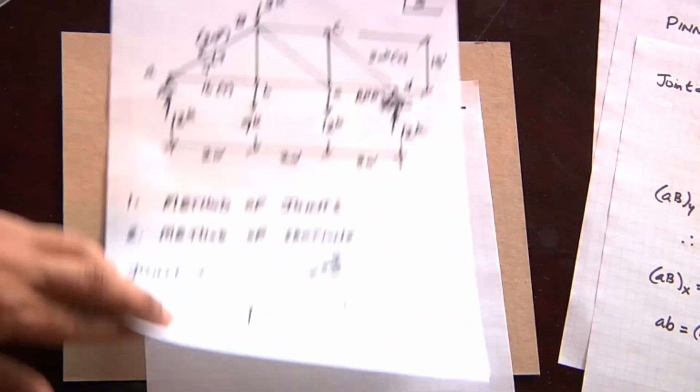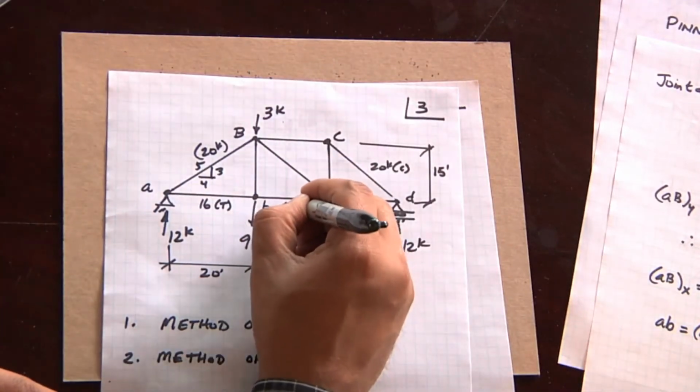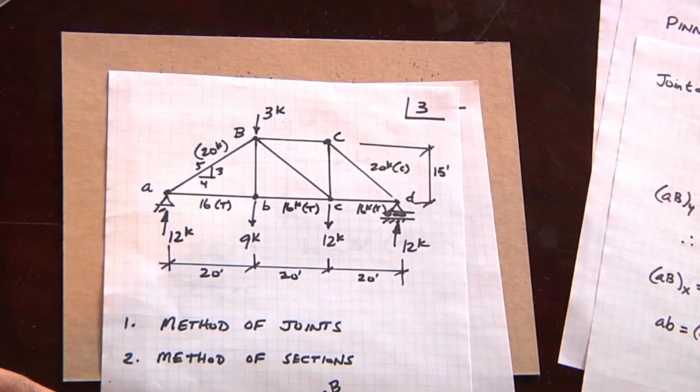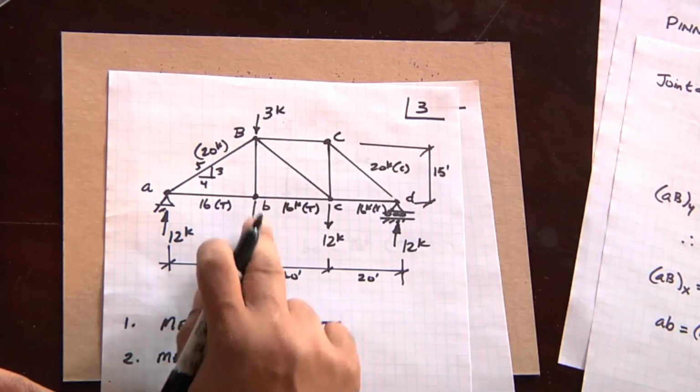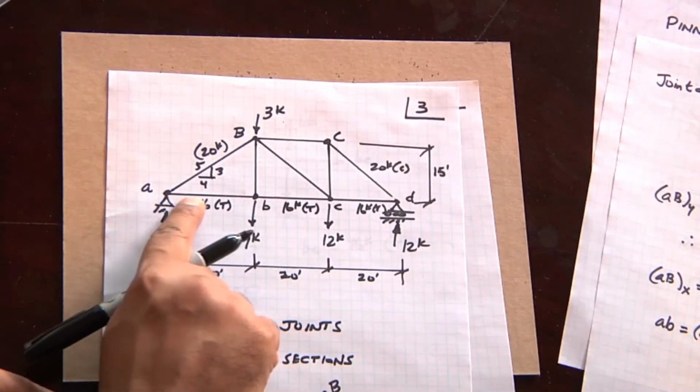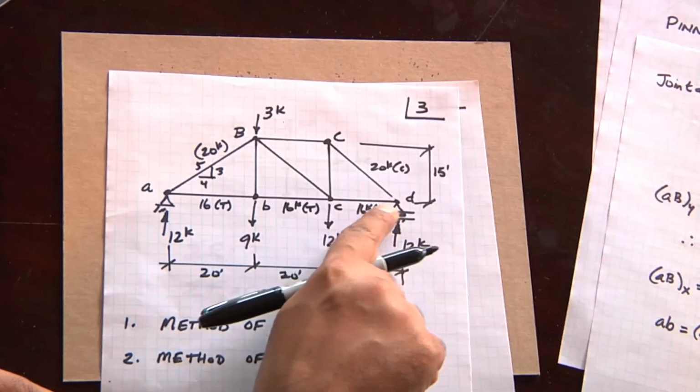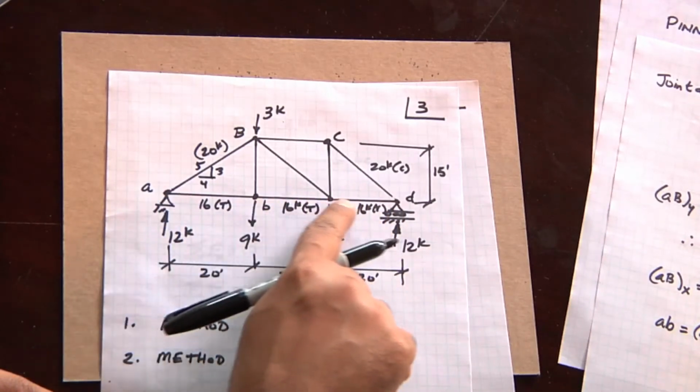which means that that's in tension. So now going back to our truss, 16 kips in tension has to be on the bottom chord. So you can see that our truss has 16 kips of tensile load across the bottom chord all the way across.